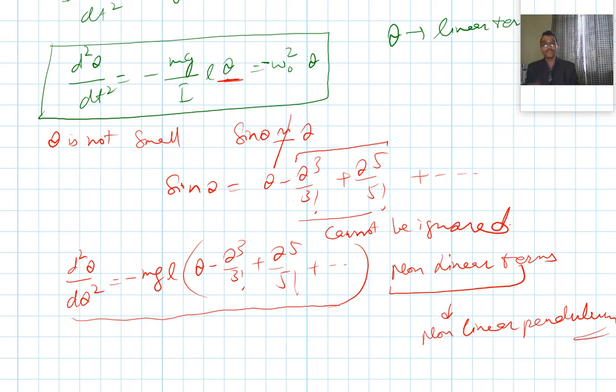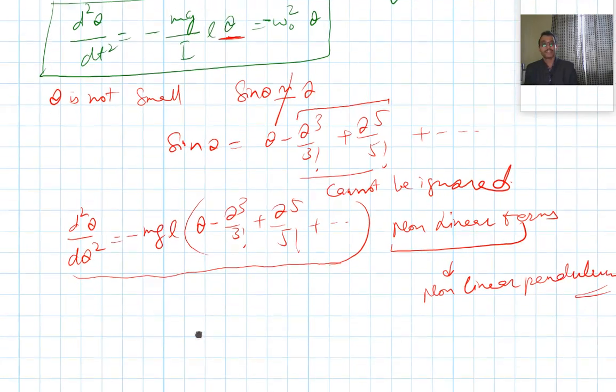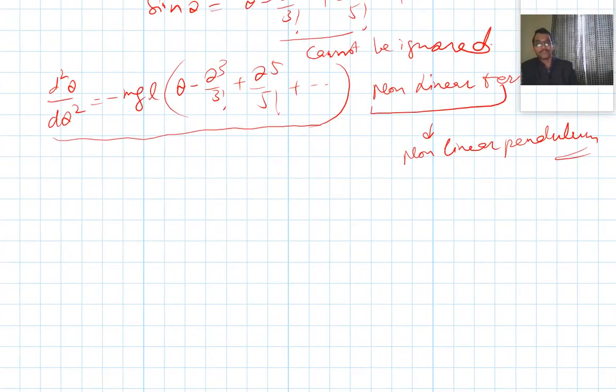Now let us take a case when it is a forced oscillator, so that means this is simply mgl sine of theta divided by I. Sorry, I have missed I here.